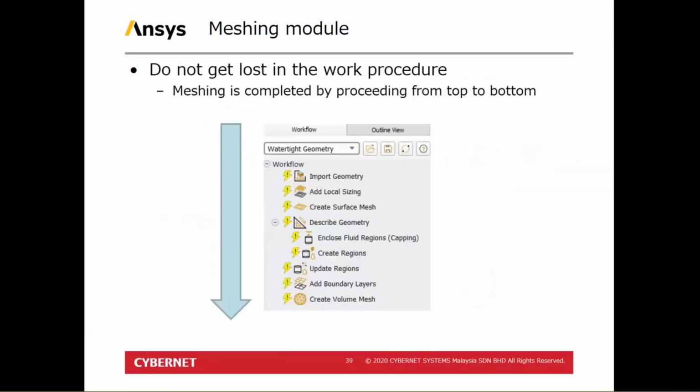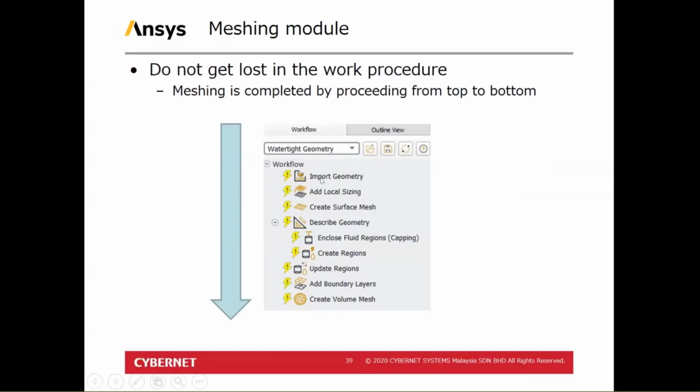So this is about the function of the workflow of the Ansys Fluent meshing. You can select one of the workflows from several choices in here. After that, all you have to do is just follow the navigation of this workflow.